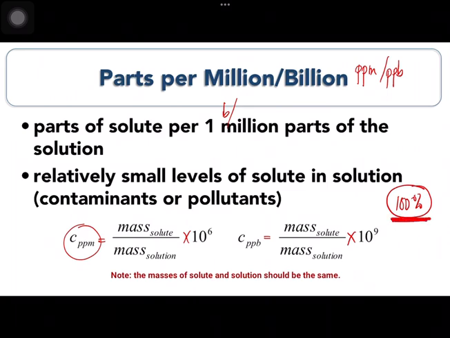So for parts per million, the multiplier is 10 to the 6, because it's 1 followed by 6 zeros. And for 10 to the 9, it's 1 followed by 9 zeros. Okay? So the units still need to cancel out. So make sure that the units of the mass of solute and the mass of solution are the same.